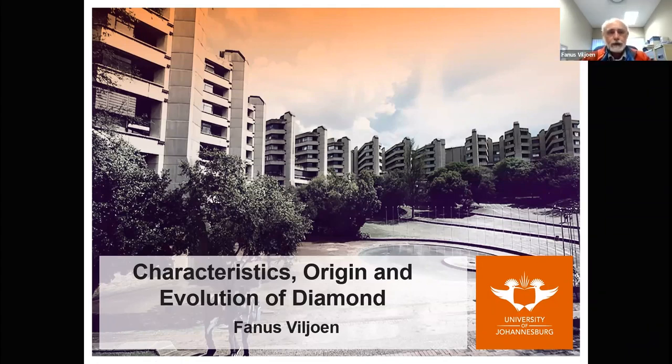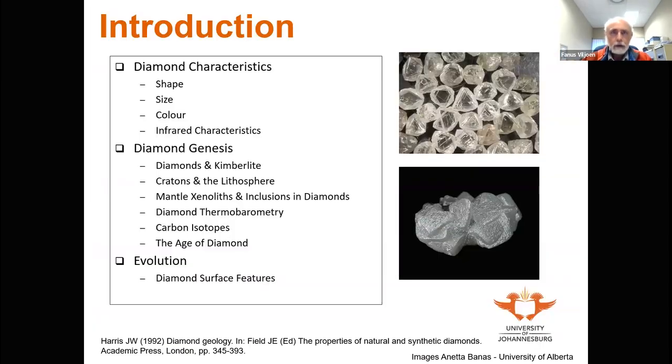Right, the purpose of this presentation is to discuss the characteristics, origin, and evolution of natural diamond with you. By way of introduction, I'll be talking about diamond characteristics: shape, size, color, infrared characteristics.